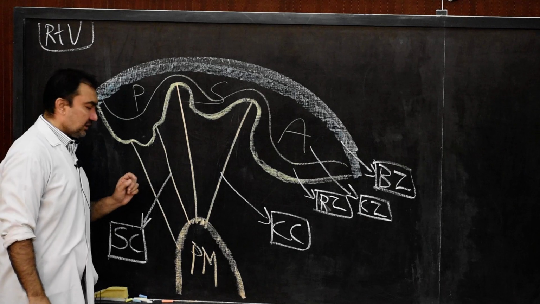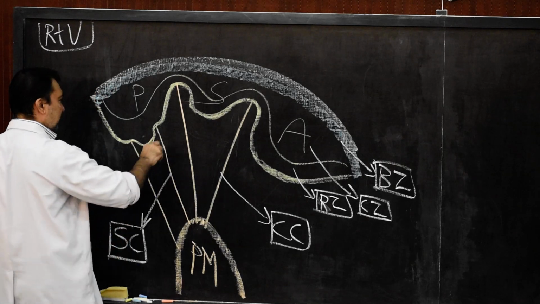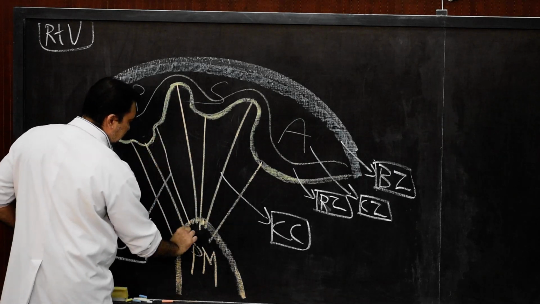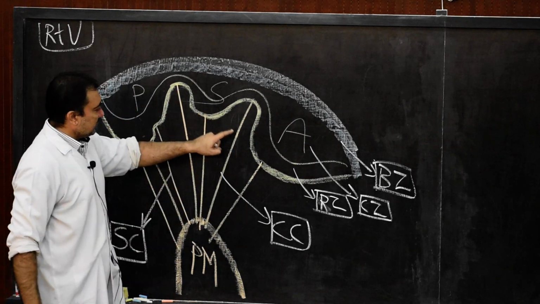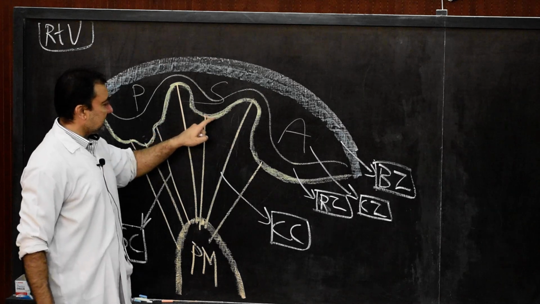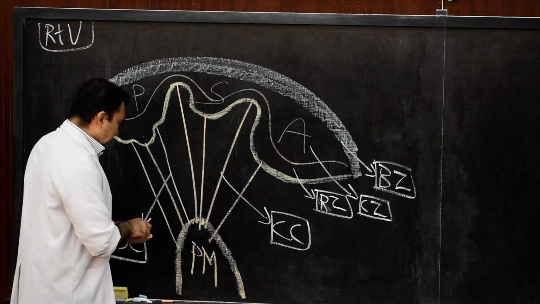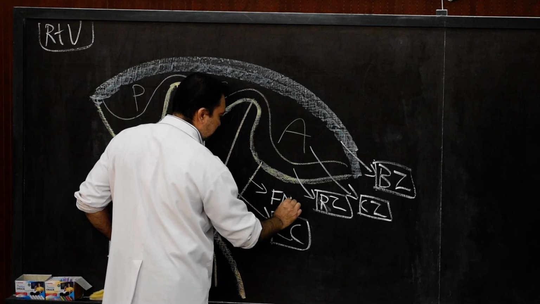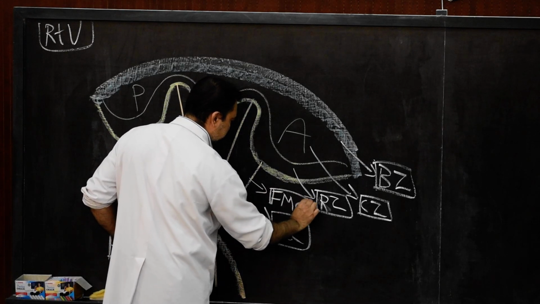Commissural chordae, septal chordae. Now there are certain chordae which are attached to the free margin. See here, these are the chordae which are attached to the free margin. This is the free margin of the three cusps. So attached on the tip of their margins, they are called free margin chordae.